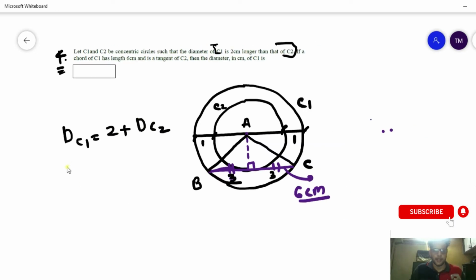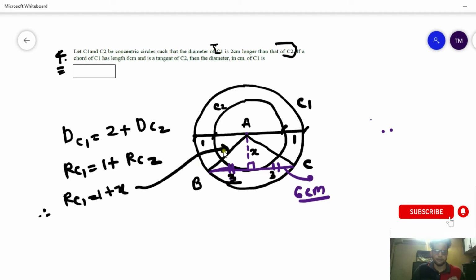That means the radius of C1 would be 1 cm longer than the radius of C2. So let's call the radius of C2 x. So this part, the perpendicular, would become x. Therefore, the radius of C1 becomes 1 plus x, which is AB.